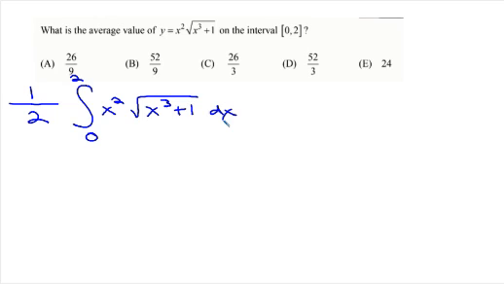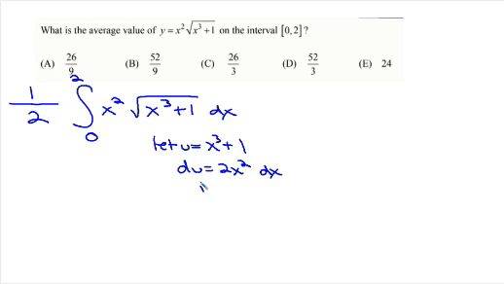Okay, calculus students, what are we going to have to do with this antiderivative here? What are we going to have to do? Yes. U substitution, right? So we need to let u equal x cubed plus 1. So my du equals 2x squared dx.